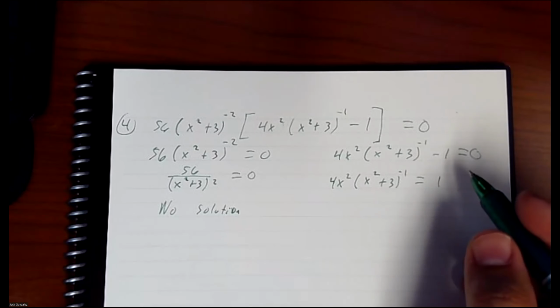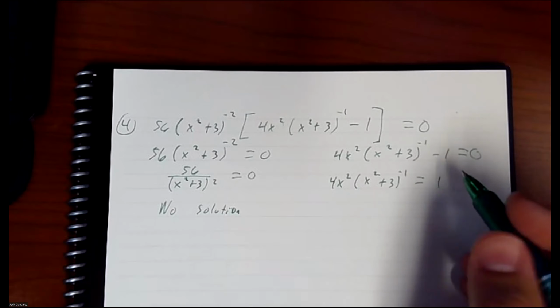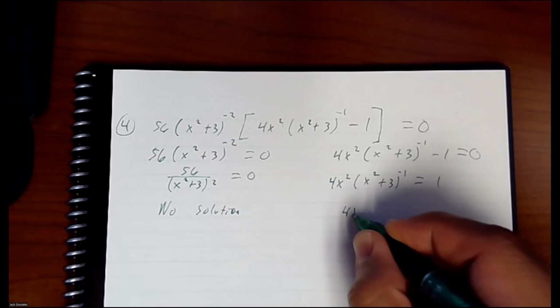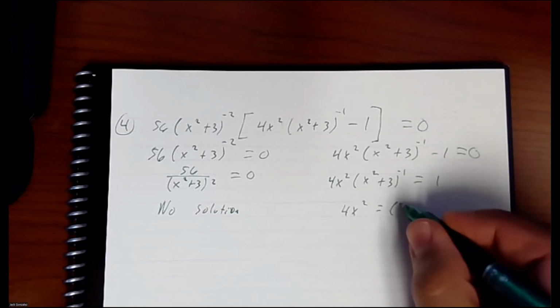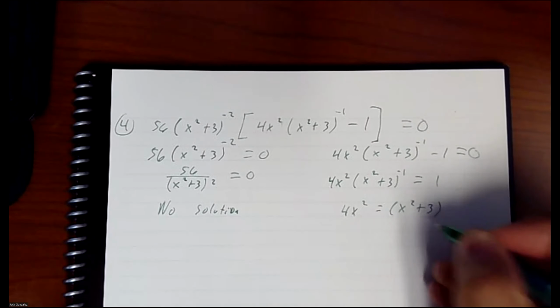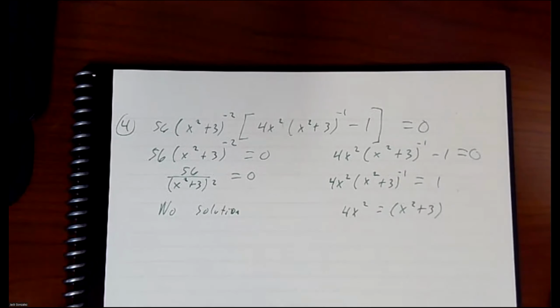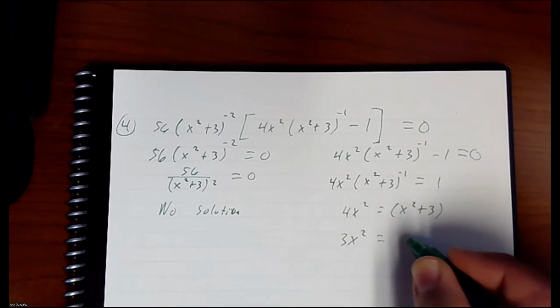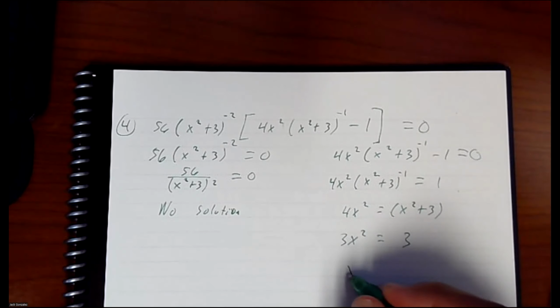All right, so let's see what we can do here. This is really weird already. So I'm going to multiply that over here. Subtract the x squared. Divide by 3.